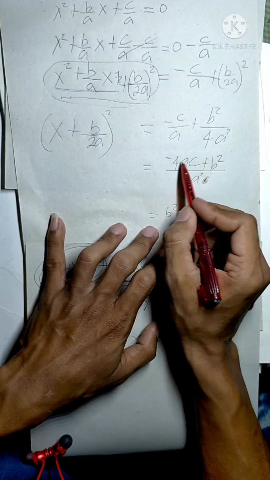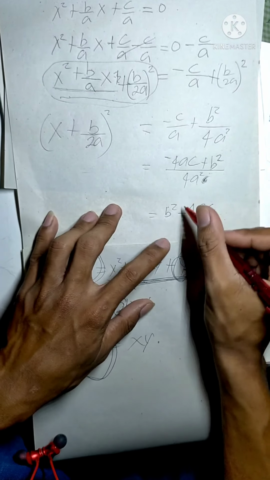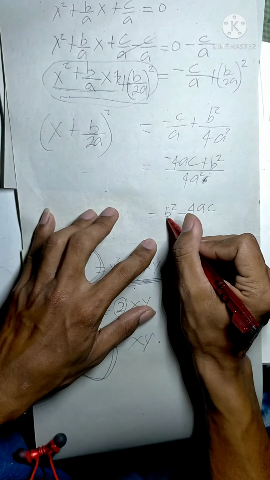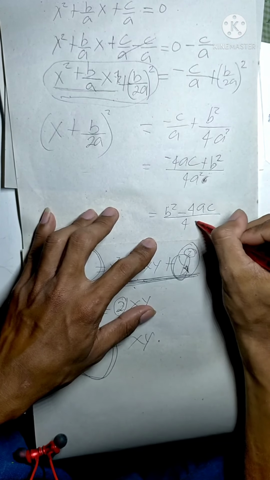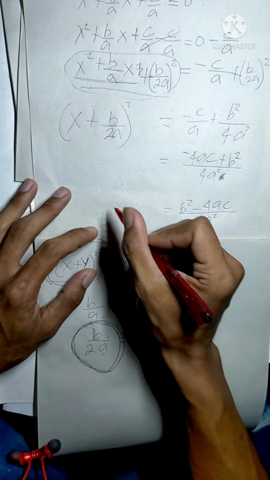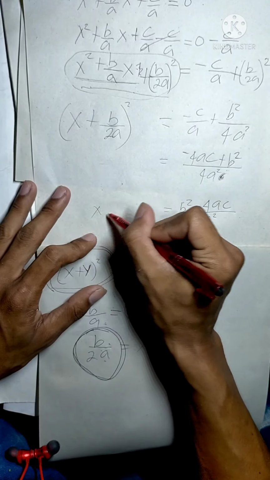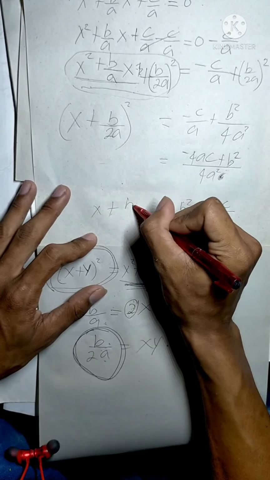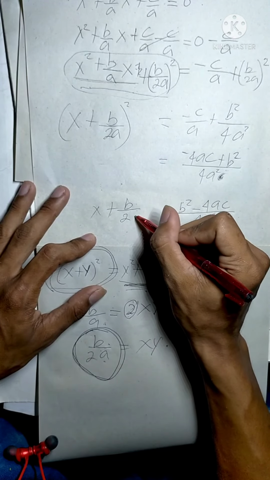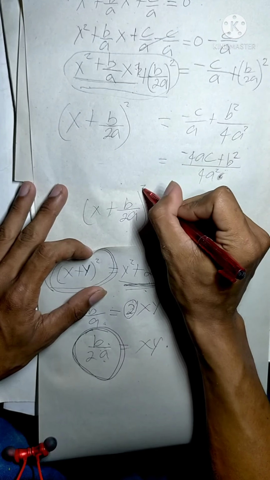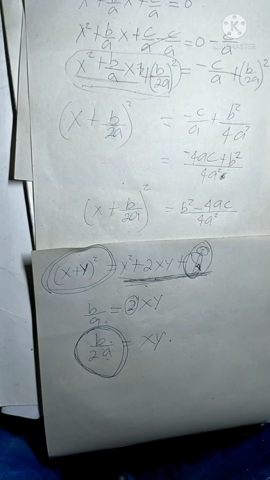So this is the same, nothing has changed, over 4a squared. And on the left side, just copy x plus b over 2a squared. So we are done in the first part.